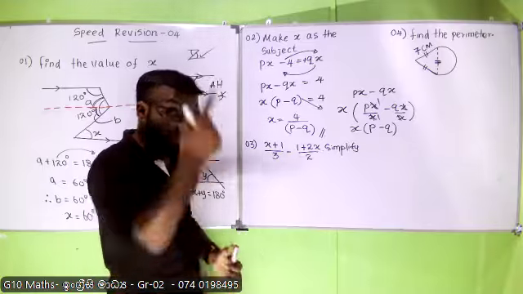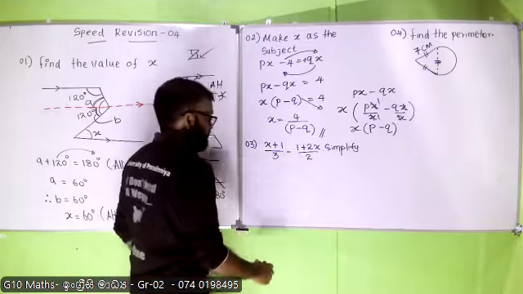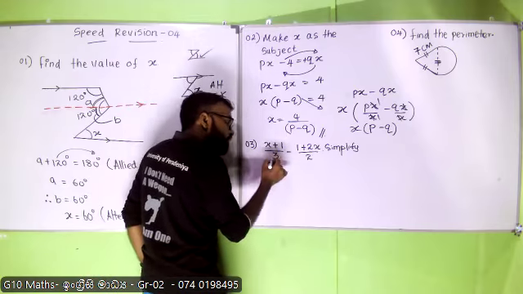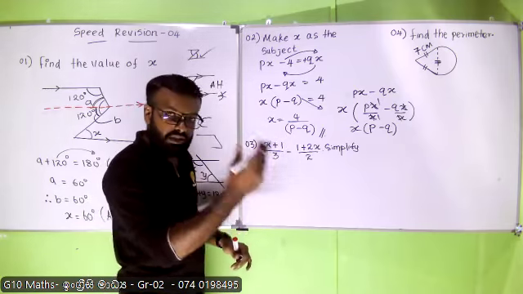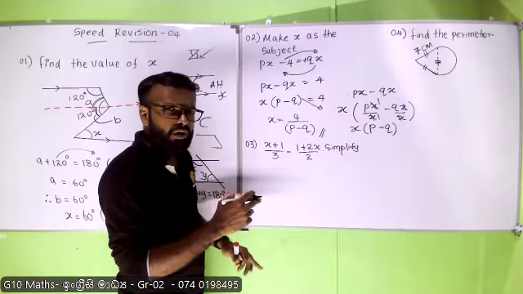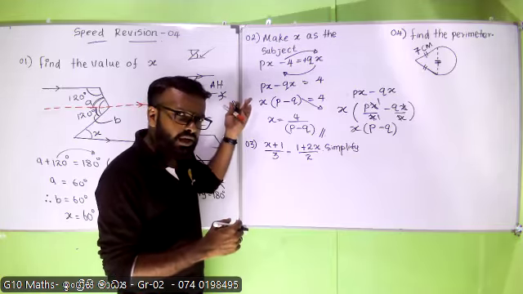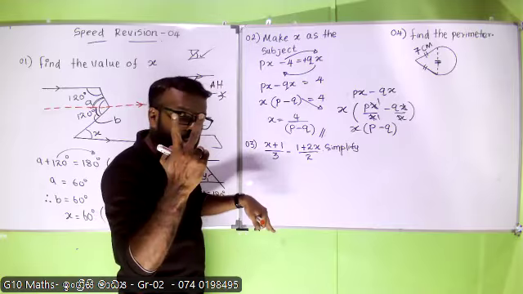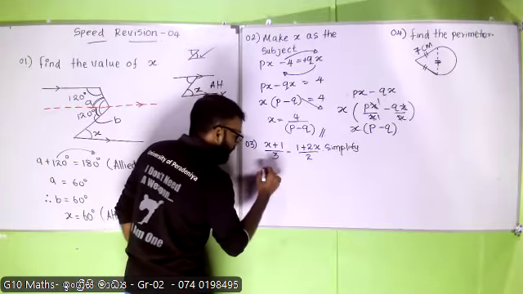So I will use the old way that you are familiar with. If you want to convert this 3 into 6, you need to multiply numerator and denominator by 2. So I will do this.